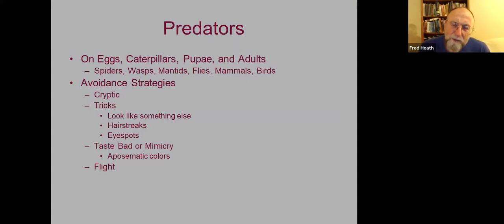Predators are important for the story of bodacious butterflies, and I'll explain that at the very end of the talk. There are predators on eggs, caterpillars, pupae, and adults: spiders, wasps, mantids, flies, mammals, birds, anything you can think of. And then you also have parasitoids. That's maybe little wasps or little flies that don't eat the caterpillar or the adult.